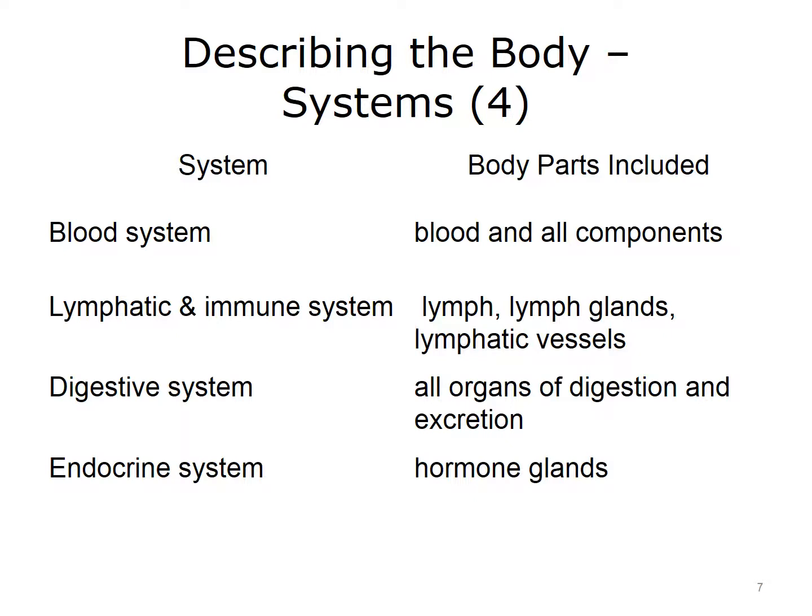The endocrine system includes all of the various hormone glands, such as the pituitary, adrenal, and thyroid glands. These glands produce and secrete hormones into the blood that, in turn, direct other body organs.